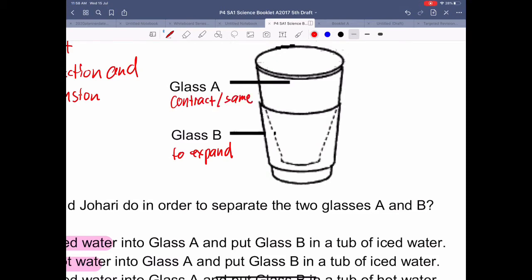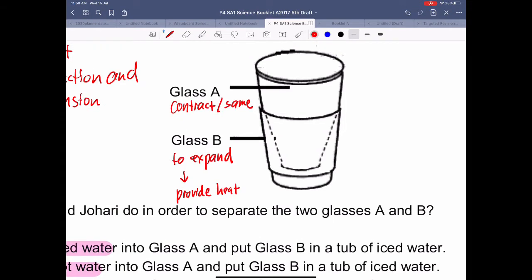So what can I do to make glass B expand? I can add heat or provide heat. And for it to contract, I know that I need to lose heat. So I need it to somehow lose heat.